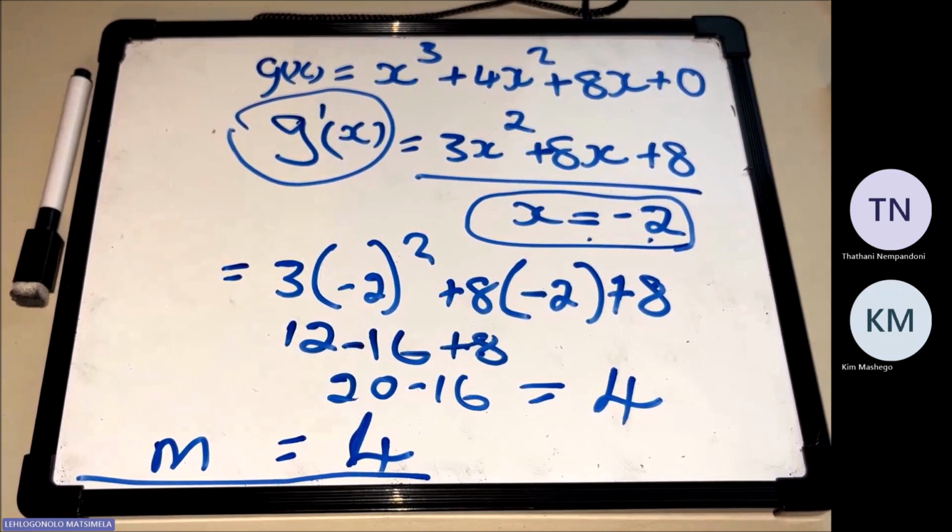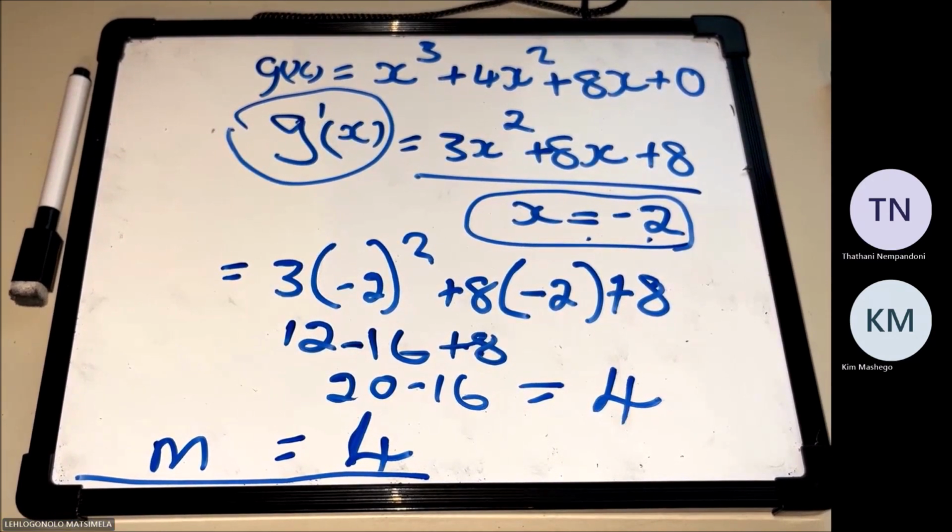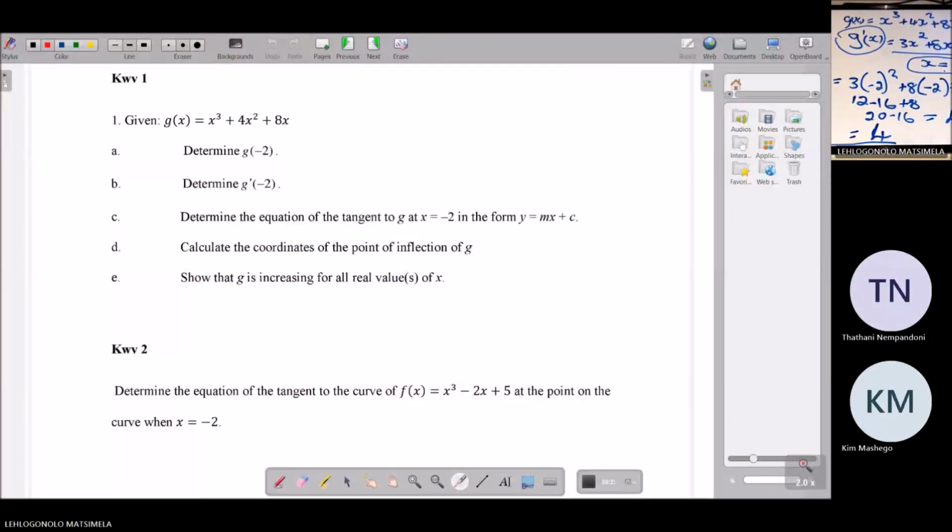Let's look at the third question and hear what they are trying to trick us with. The third question says: determine the equation of the tangent of g, which is a cubic, where x is equal to minus 2.